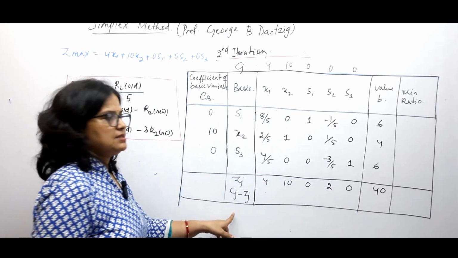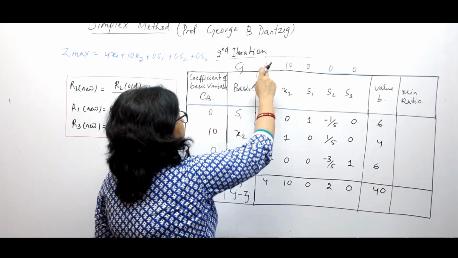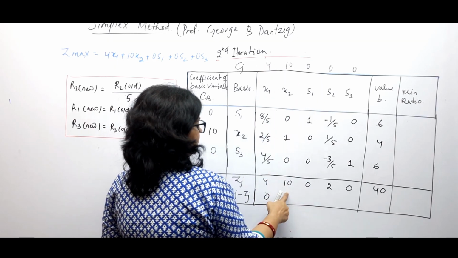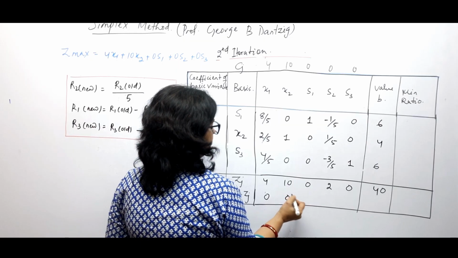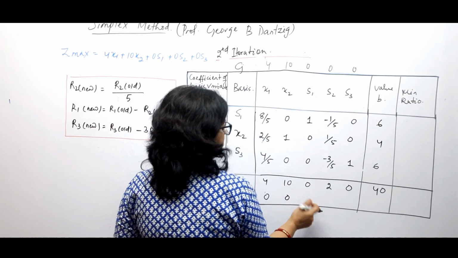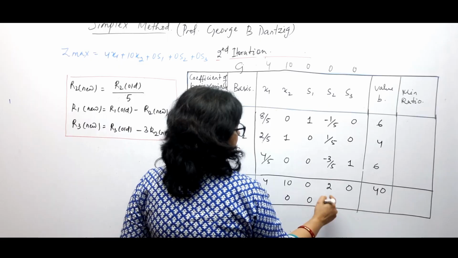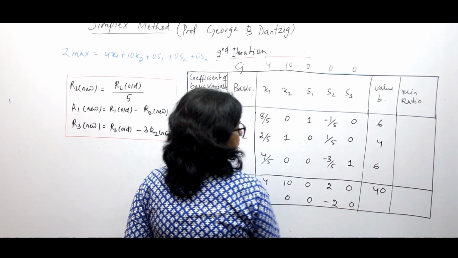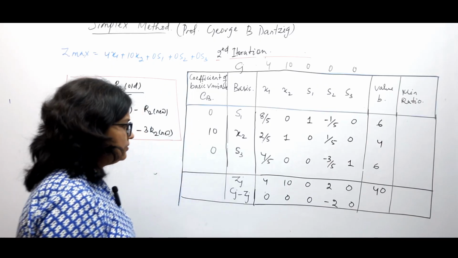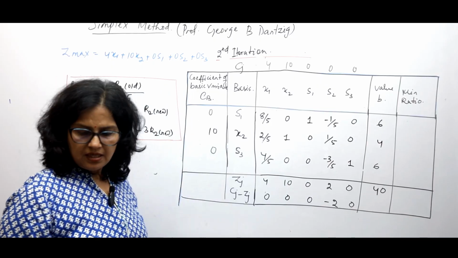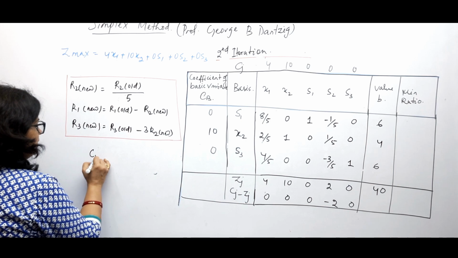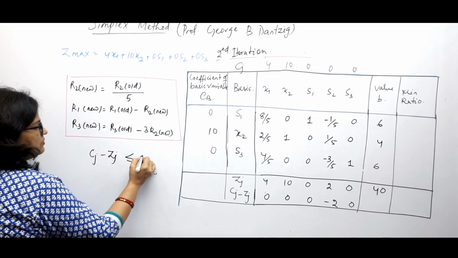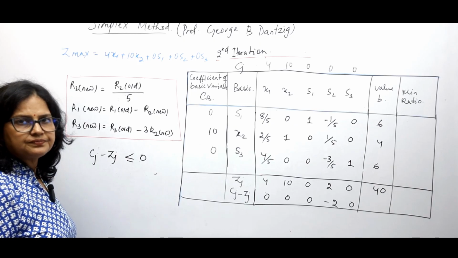Now calculate the Cj minus Zj. 4 minus 4, 0. 10 minus 10, 0. 0 minus 0, 0. 0 minus 2, minus 2. So if we can see here, the Cj minus Zj value is now less than or equal to 0.